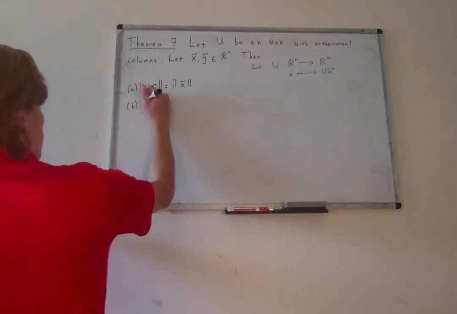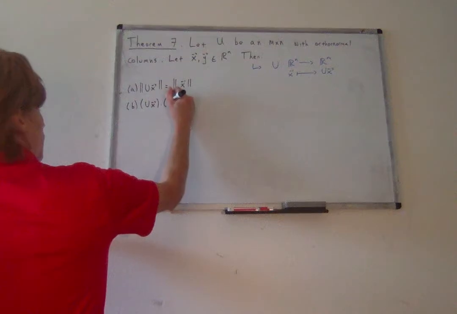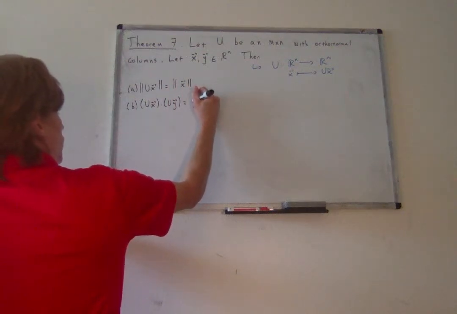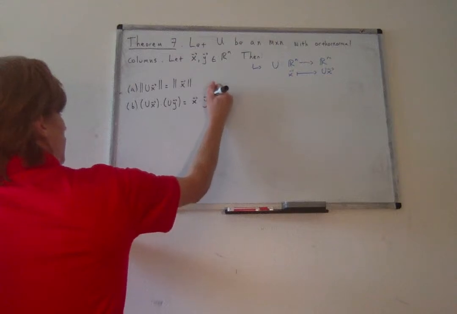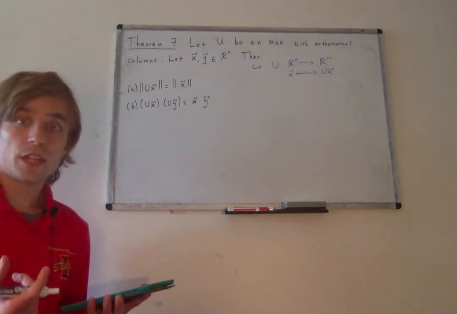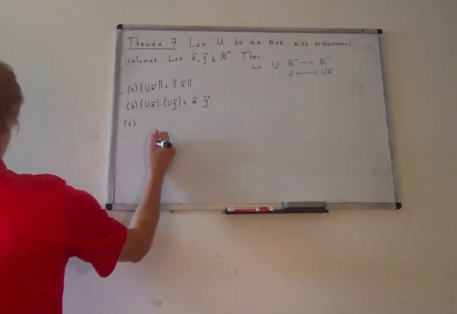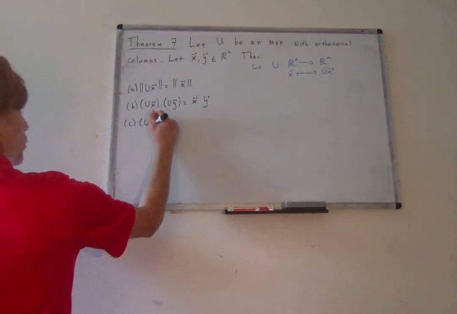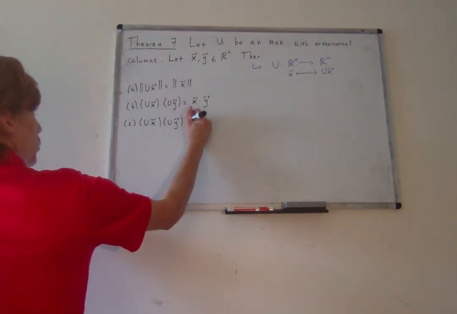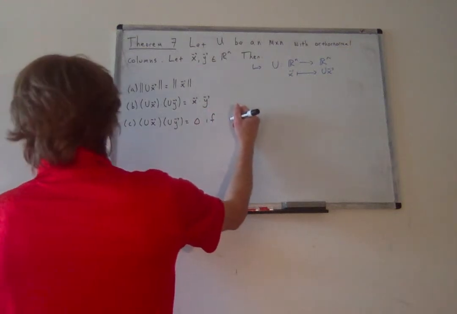On top of that, U times x dot U times y is always equal to the dot product of x and y. So it also preserves the value of dot products, which means, and this property follows directly from B, but it's important enough to state it on its own, that U also preserves orthogonality.